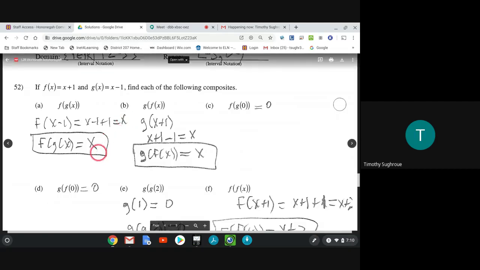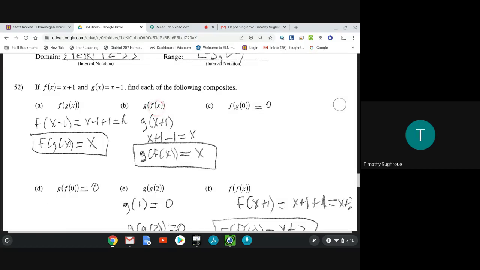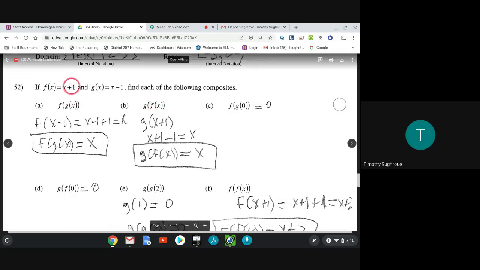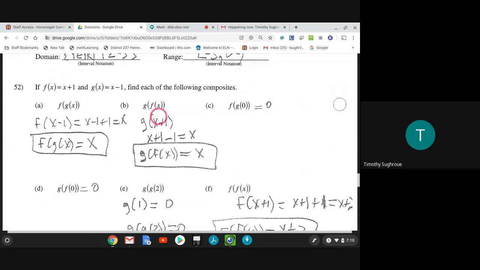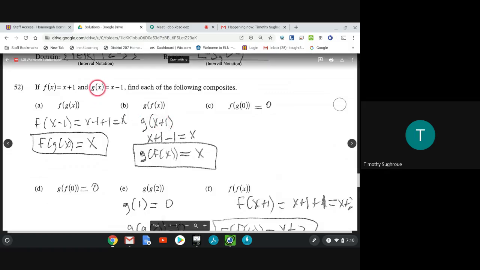That's nice. Let's do g of f of x. Take x, plug it into the f function. This time, x plus 1 comes out. That is my output from f of x. But now that output is the new input into the g machine. The g machine says, whatever comes in, subtract 1 from it. Well, this is what's coming in.